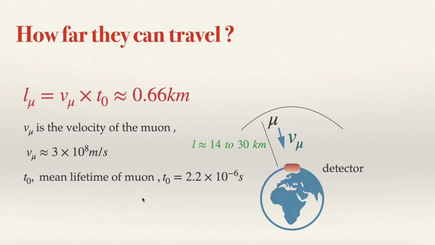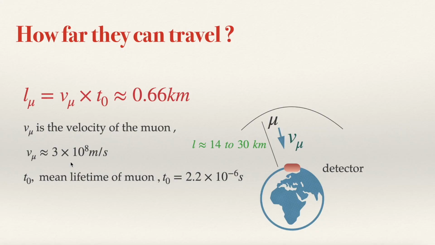And if we do a simple calculation of how far it can travel before it decays, if we take the upper limit close to the speed of light, these are the most energetic particles and travel at a speed close to the speed of light.